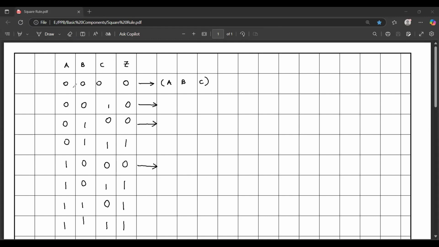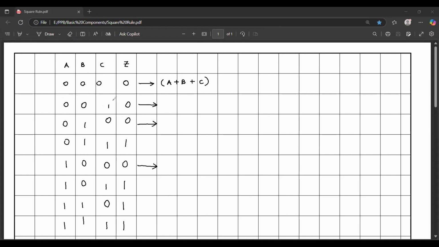Why? All the signals are 0 for each of the given variables. What should we do after this? Since we are going for max term, we are using product of sums. So here you have to put the plus symbol, the or symbol.